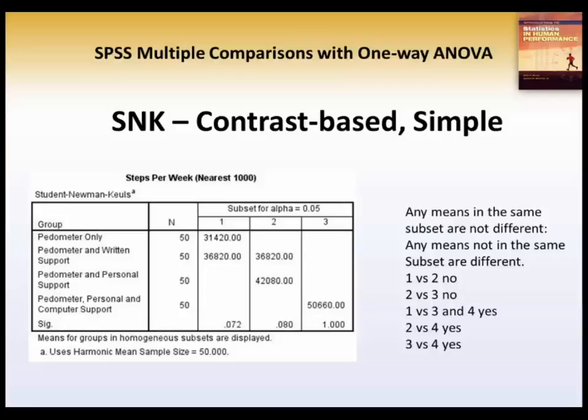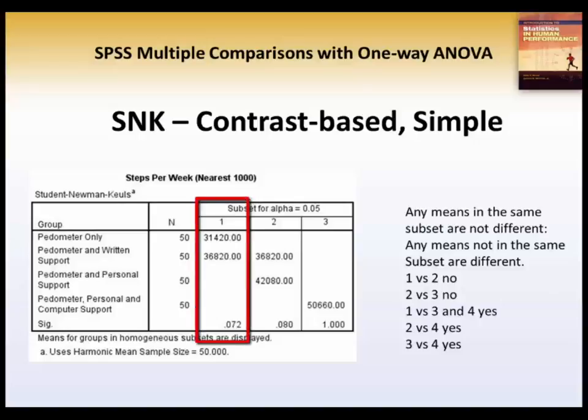Notice here we have the Student-Newman-Keuls, a contrast-based, simple contrast, so that each one of these contrasts has a probability of making a type 1 error of 0.05. Notice that we have subsets of means. Any two means in the same subset are not significantly different.